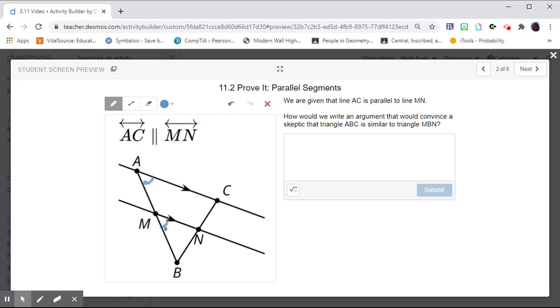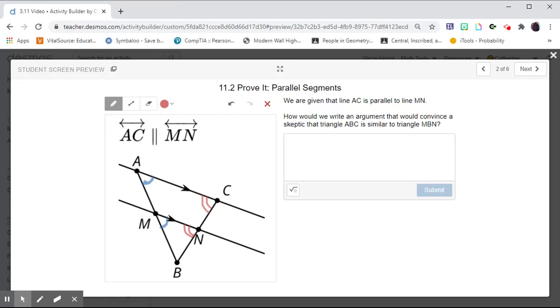That's because of this transversal line segment AB. We have the other transversal, line segment CB, and it would also be forming some congruent angles. We have the angle here at C, and it's going to be congruent to angle BNM, because of the parallel situation between lines AC and MN.